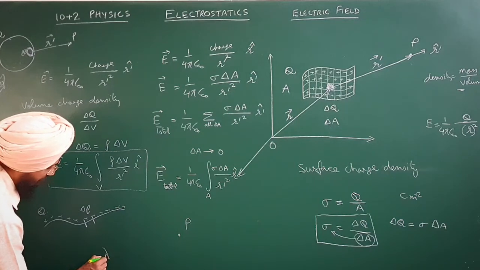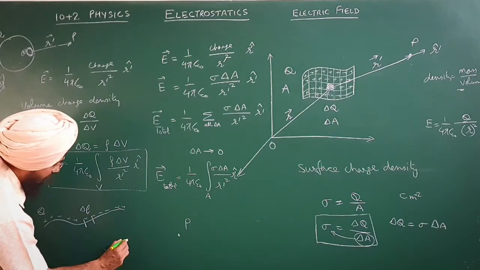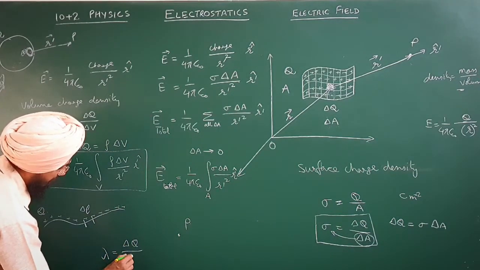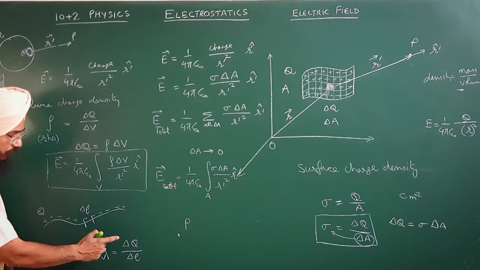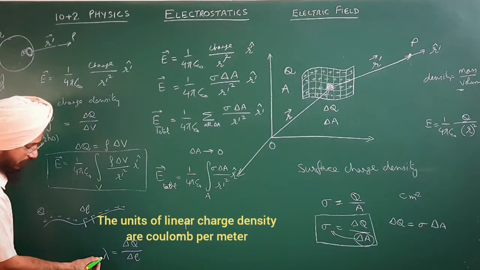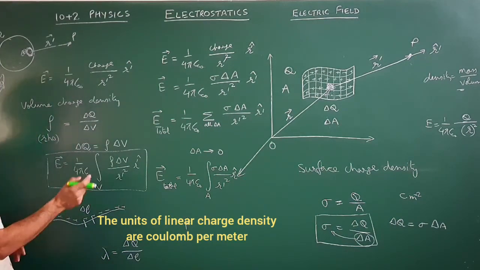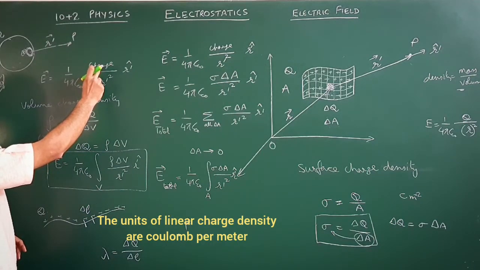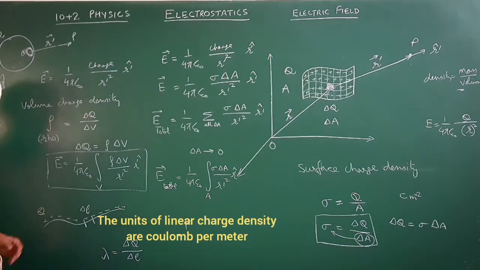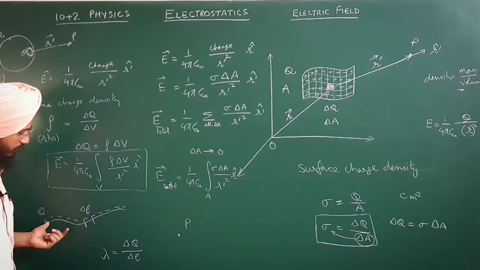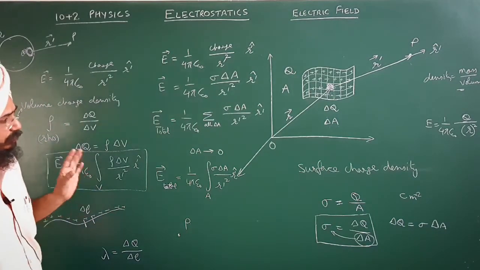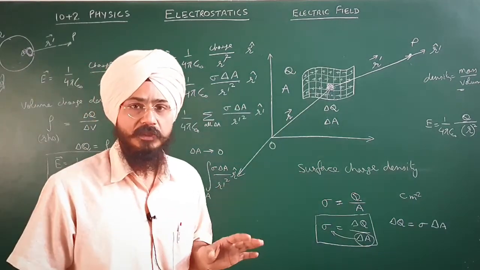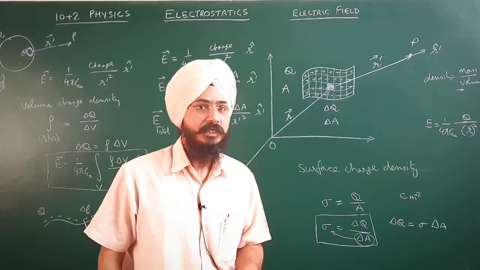The symbol is lambda, and it is equal to delta Q upon delta L. Calculating delta Q as lambda dL and putting it in place of charge in this formula, you will get the electric field of a total line by integrating over the whole line. So this is the method to calculate the electric field for continuous charge distribution.